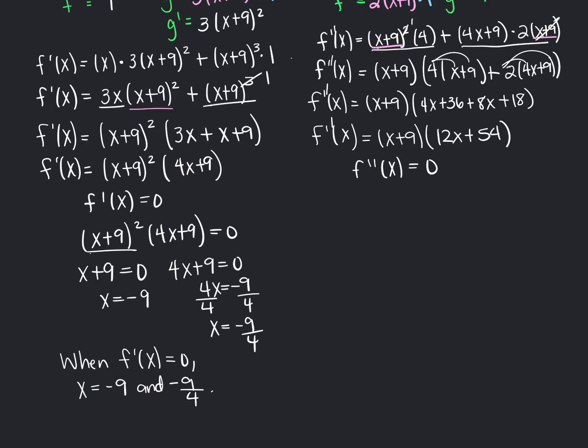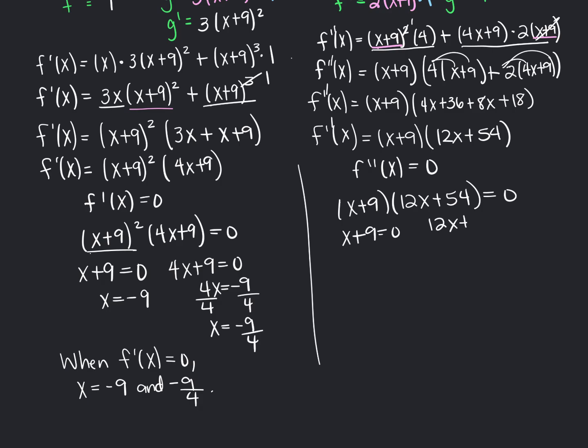All right, so when f double prime of x is equal to 0, that means I'm going to have (x + 9) times (12x + 54) equal to 0. So that's going to be x + 9 equals 0 and 12x + 54 equals 0. On the first equation, I subtract 9 from both sides to get x equals negative 9.